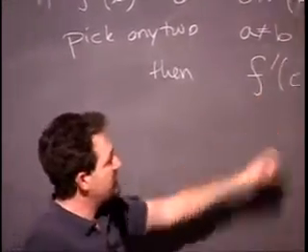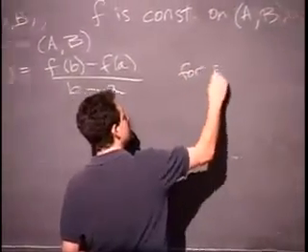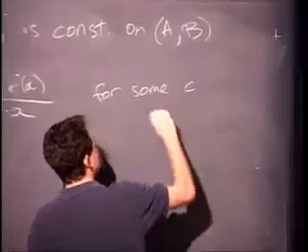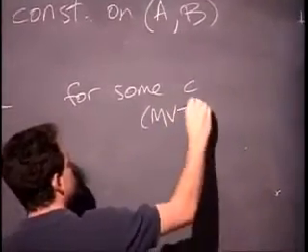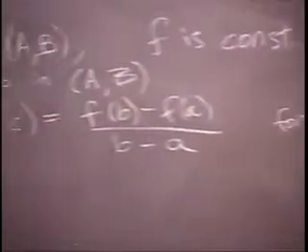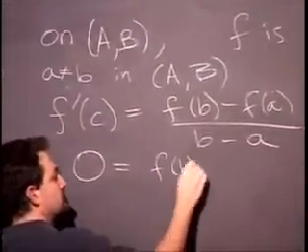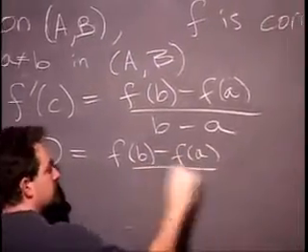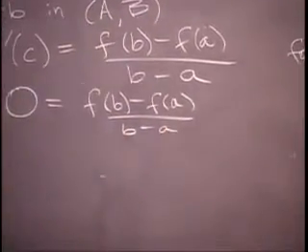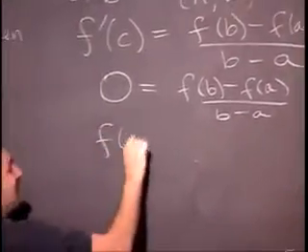So f prime of c equals f of b minus f of a over b minus a for some c. That's just the mean value theorem. But of course, the derivative is always 0. So 0 is f of b minus f of a, and we actually proved that f of a equals f of b.